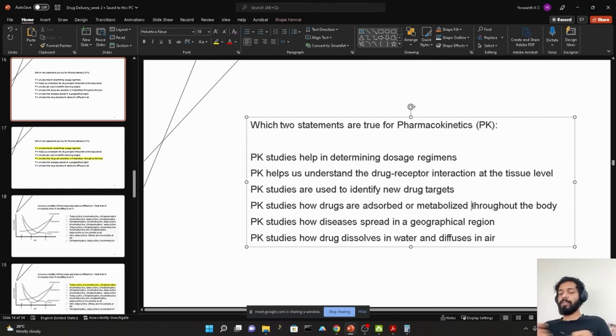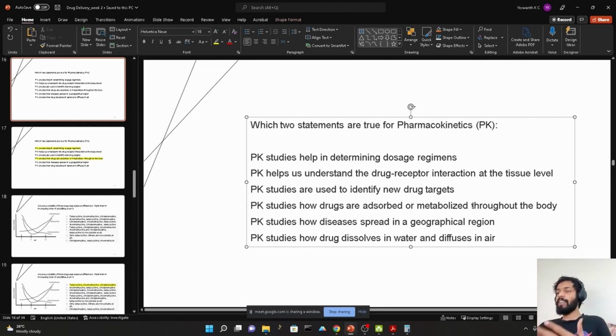So an easier way to look at this is: what your body does to the drug is termed pharmacokinetics, and what the drug does to your body is termed pharmacodynamics. Whenever your body is doing something to a drug, whether it's absorbing, metabolizing, or excreting, all these come under pharmacokinetics.